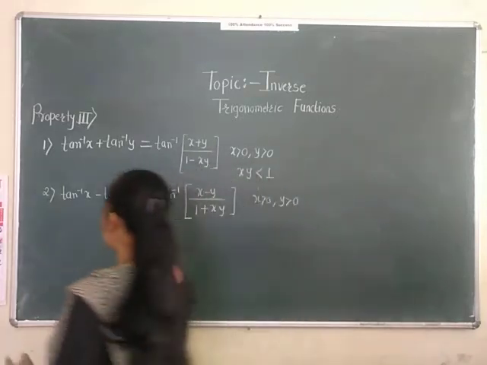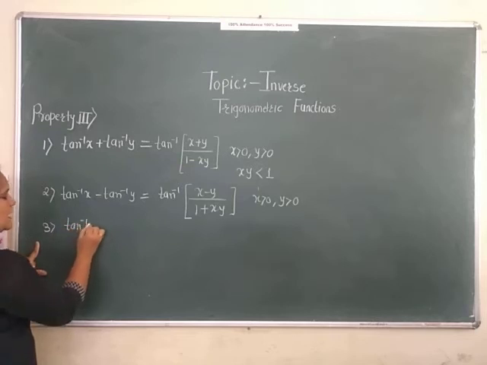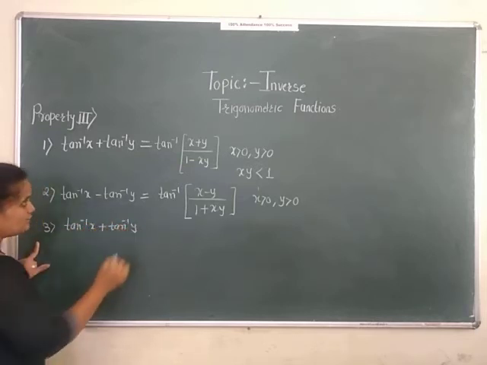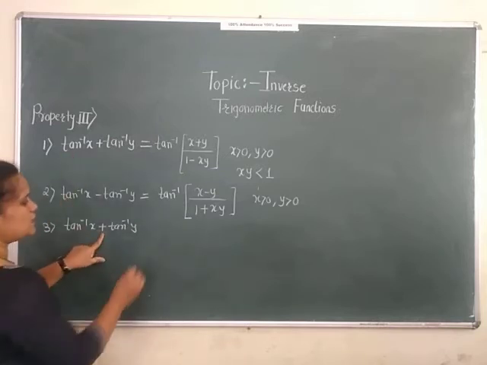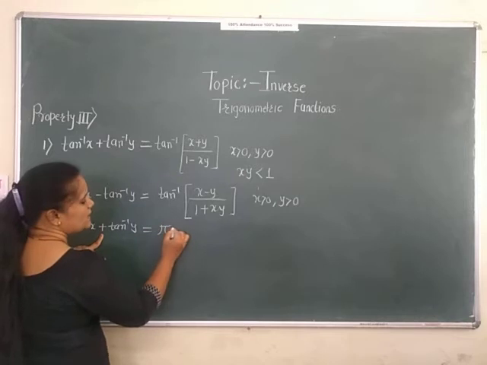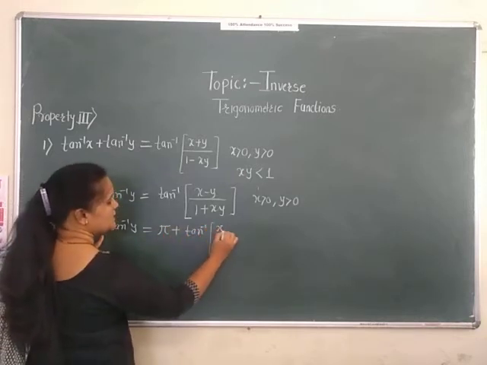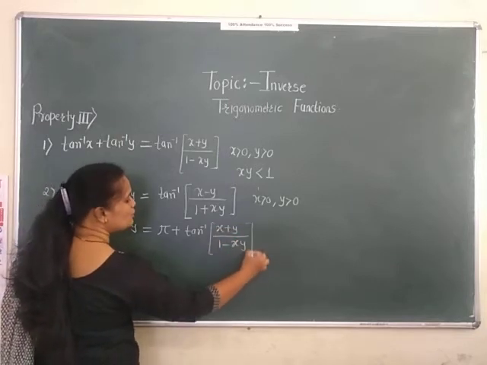Third property is in this way, tan inverse of x plus tan inverse of y. Again we are going to write formula for plus here, and here pi plus tan inverse of x plus y upon 1 minus x into y.